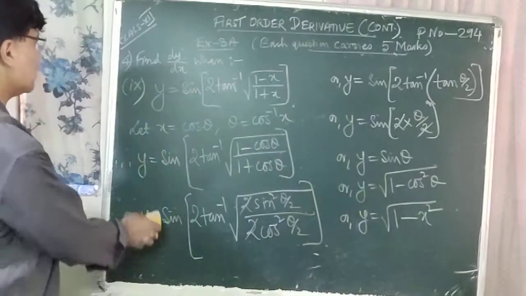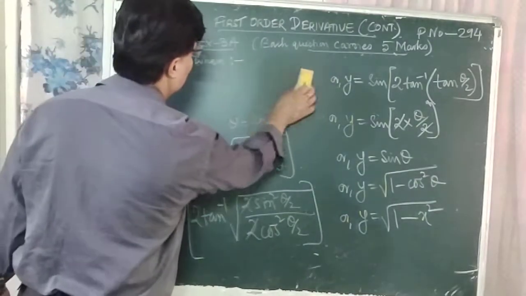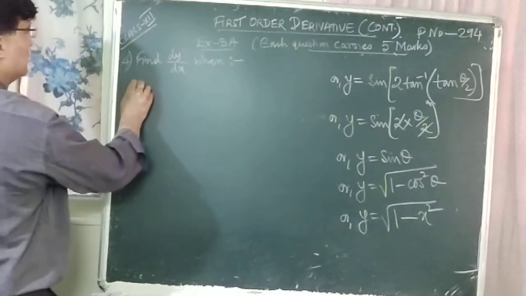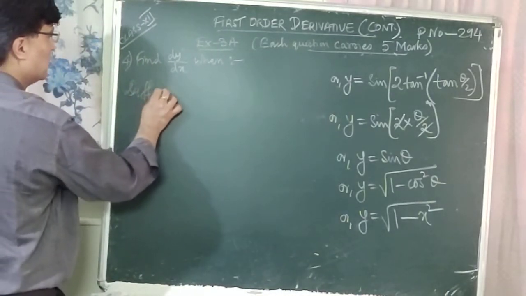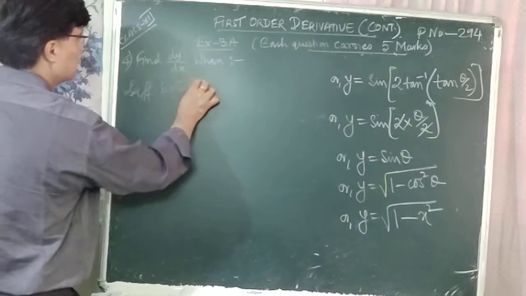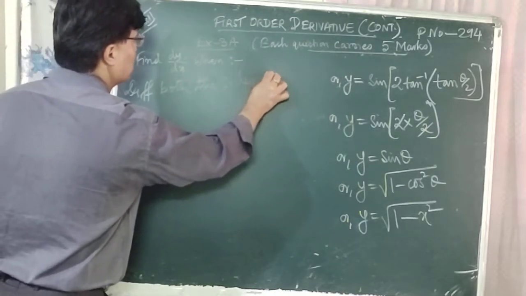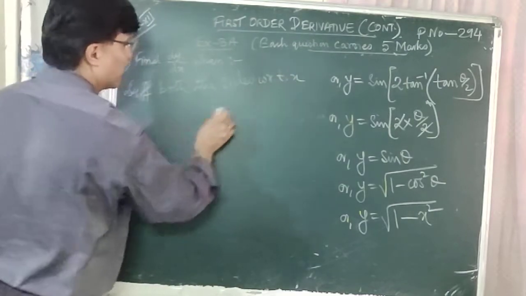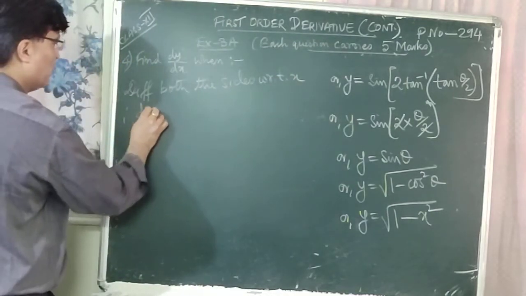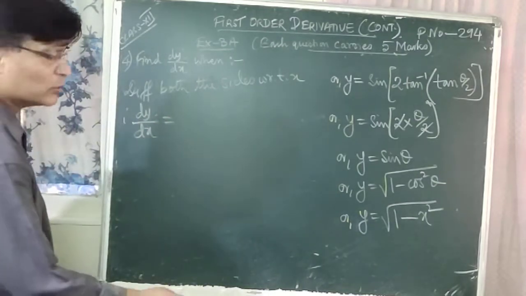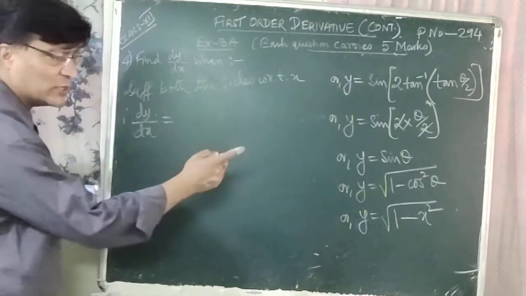So write down, differentiating both the sides with respect to x. Therefore dy by dx is equal to, what is the differentiation of root over?